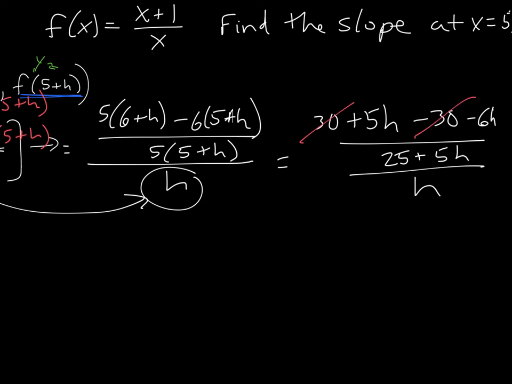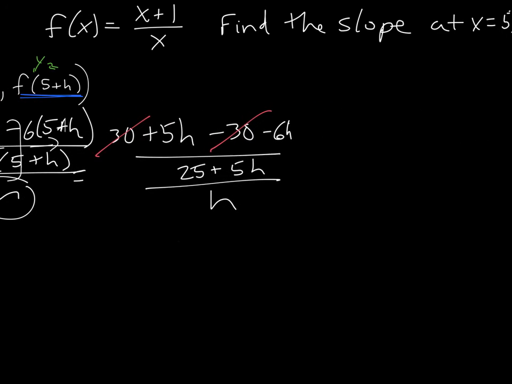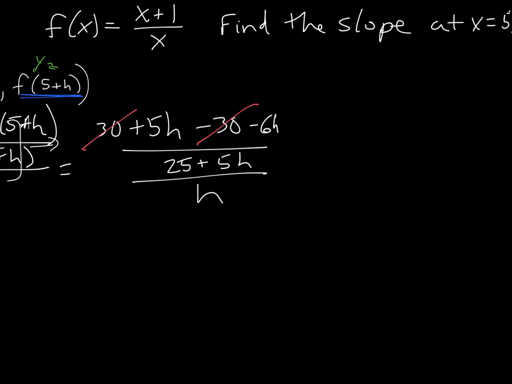I've got a 30 minus 30. It looks like I can combine that numerator to be 5h minus 6h is negative 1h. Just for the sake of consistency, I'm going to keep going here. Let's get that out of the way and see if I can keep going horizontally here. Equals negative 1h over 25 plus 5h all over h.